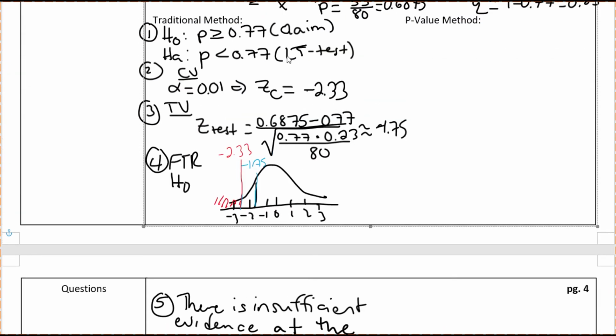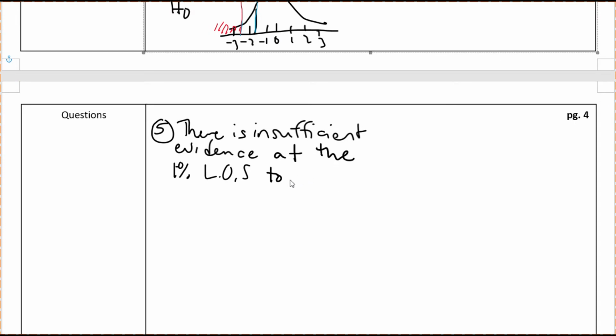And notice that our claim belonged to our H0, so we're going to use the word reject.